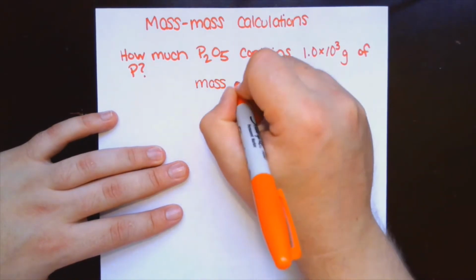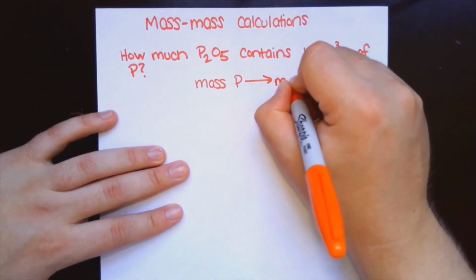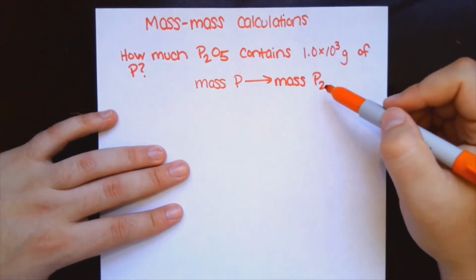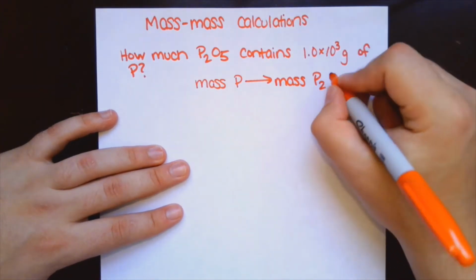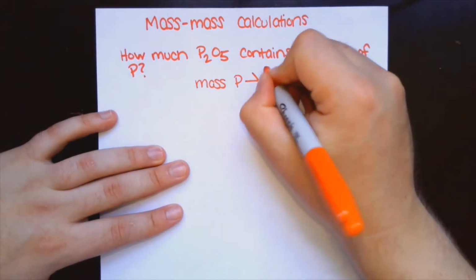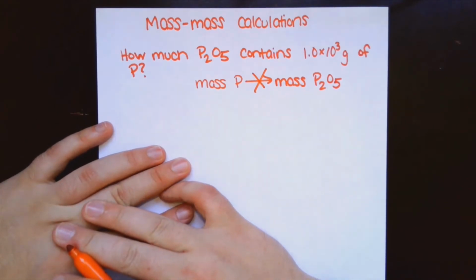Alright, so can we do some kind of conversion directly from the mass of phosphorus to the mass of diphosphorus pentoxide? The answer is no. Unfortunately, you cannot directly relate the mass of one component to the mass of another. The only thing you can relate is moles.